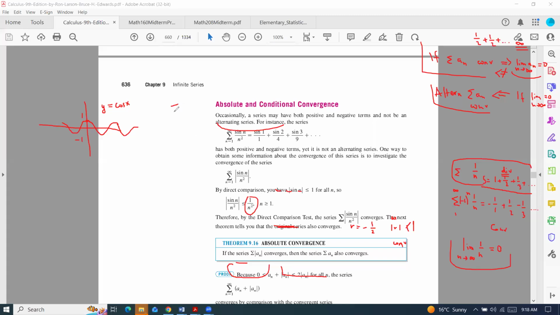Remember, if you have a sum of 1 over n, that is divergent, but if you put a power more than 1, so if p is more than 1, it's 2 in this particular case, it's n squared. As long as it is more than 1, then it's going to be convergent.